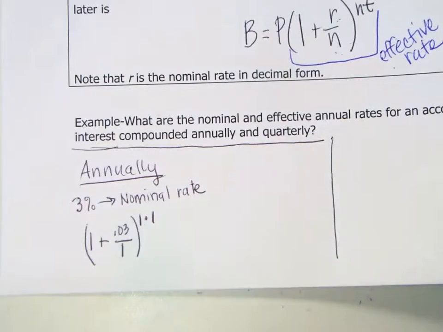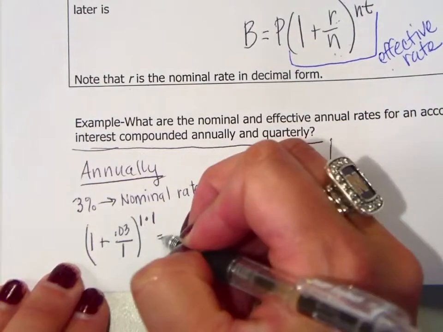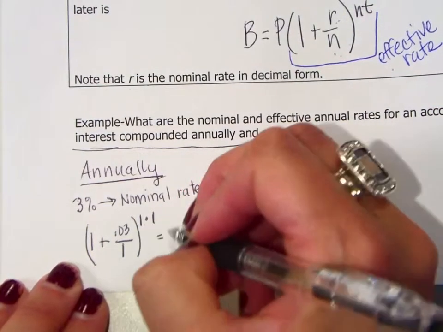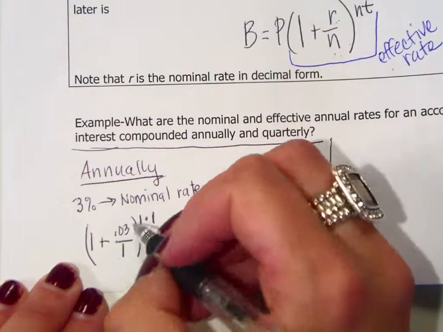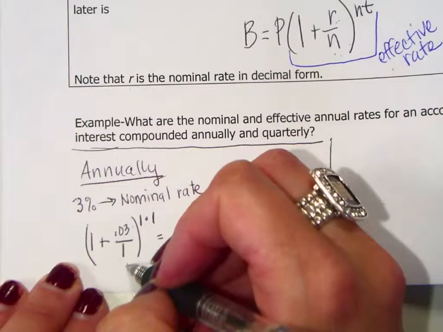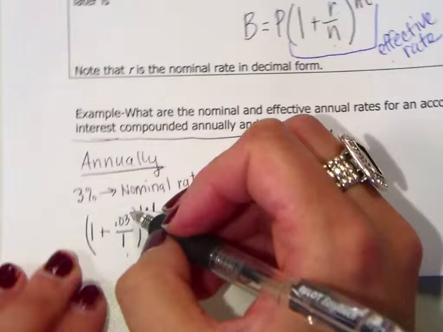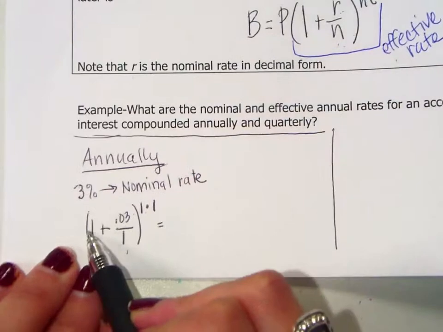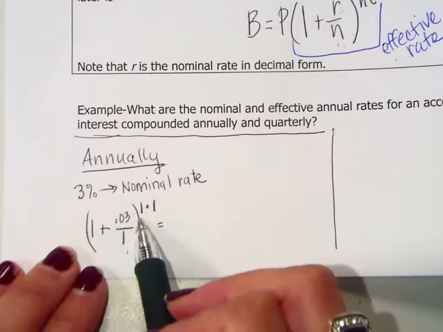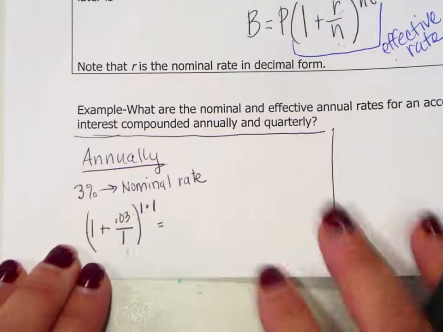So if we go through and calculate this, 0.03 divided by 1 plus 1 to the power of 1, what do you get? 1.03.